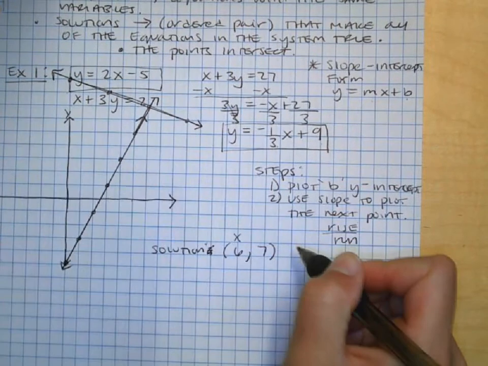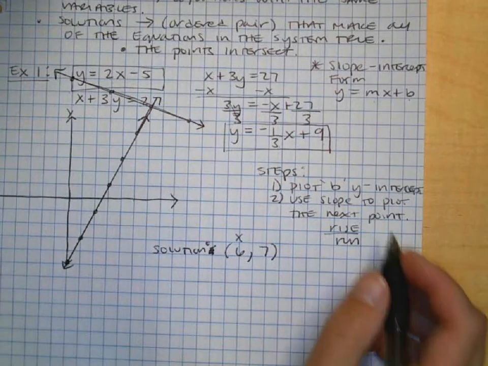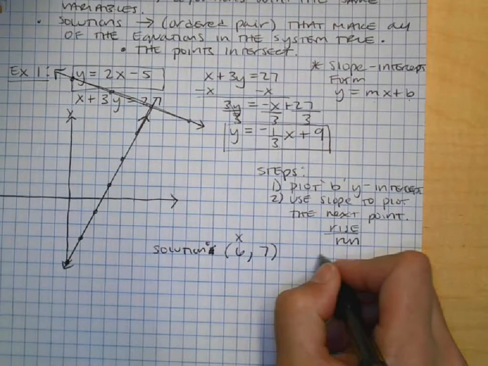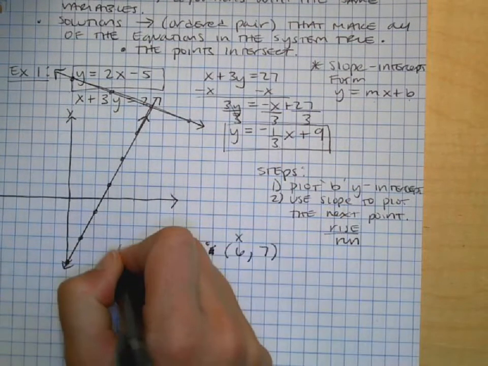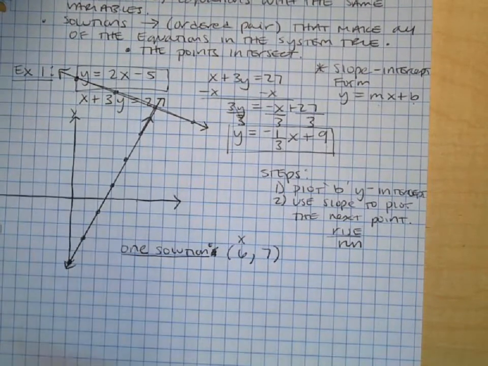So 6, comma 7. This is our actual solution. This means that we have one solution. Okay, so one solution is 6, comma 7.